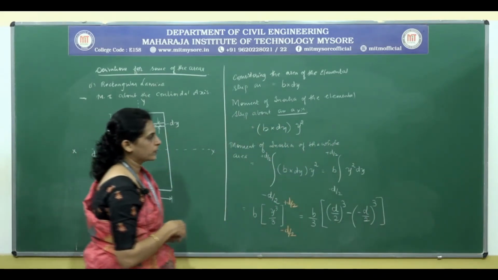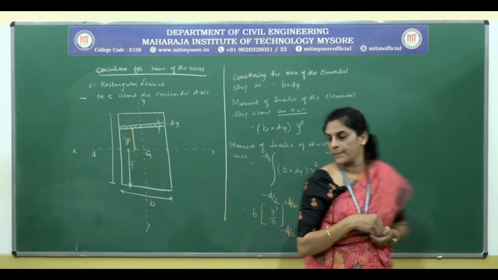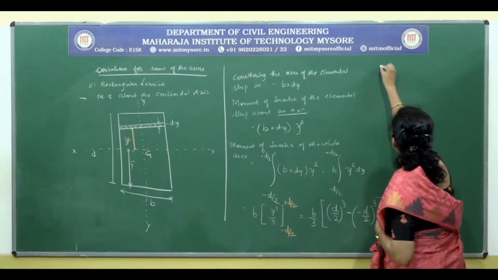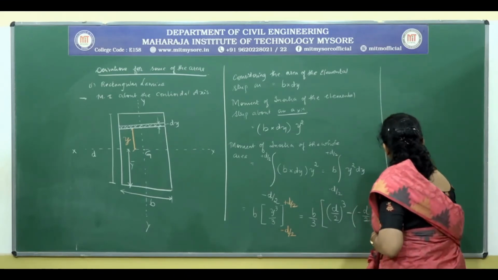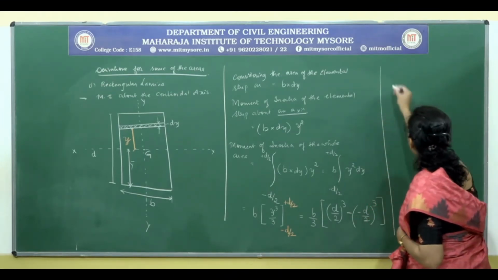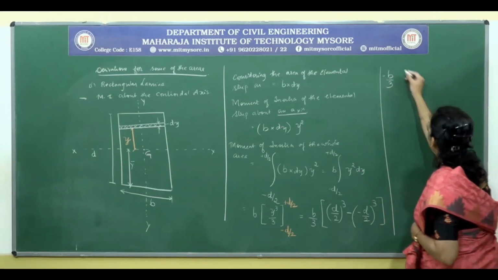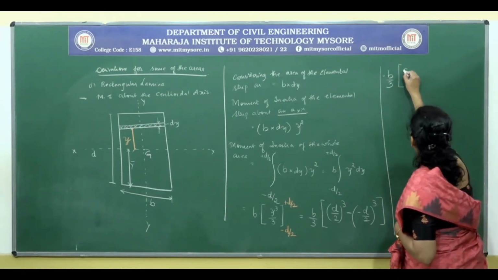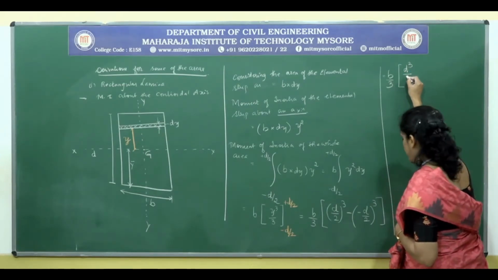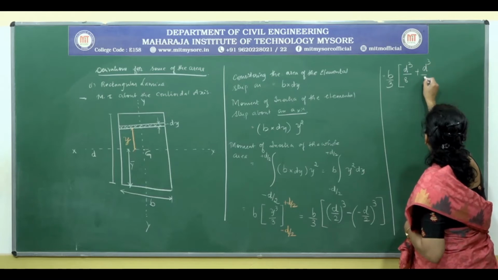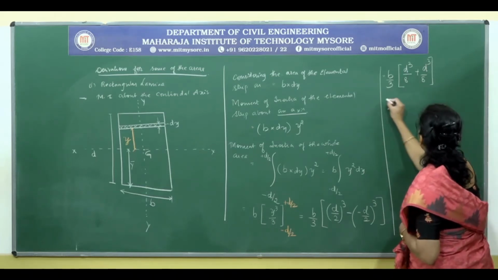So, further we get b by 3 into d cube by 8 plus d cube by 8.